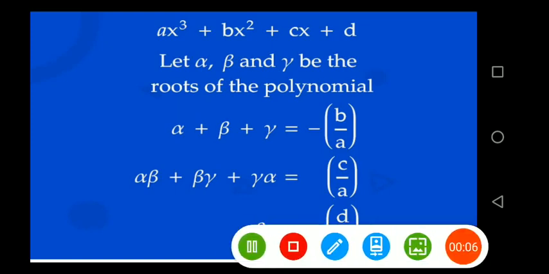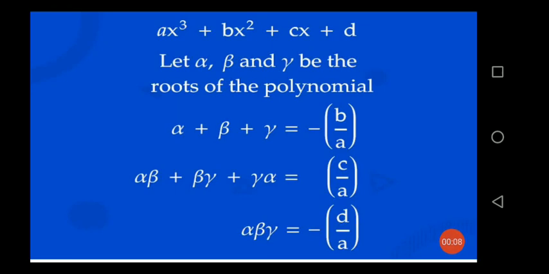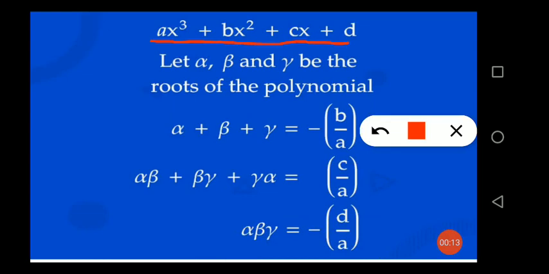Okay, moving towards next. Next we have the cubic polynomial. The general form of a cubic polynomial is ax cube plus bx square plus cx plus d. As we know that a cubic polynomial has three roots or zeros, so let alpha, beta and gamma be its zeros. Then sum of the roots alpha, beta and gamma is equal to minus b by a, that is minus coefficient of x square by coefficient of x cube.